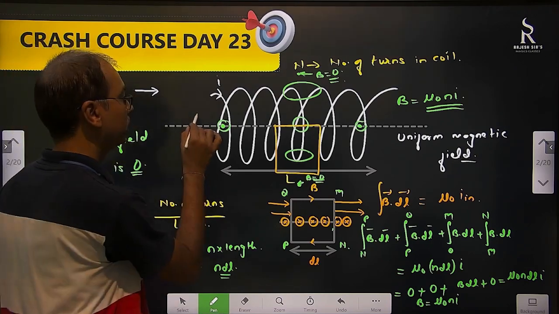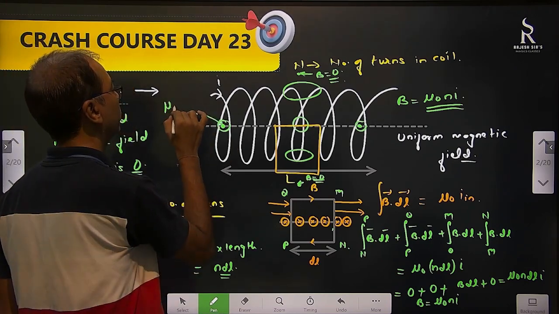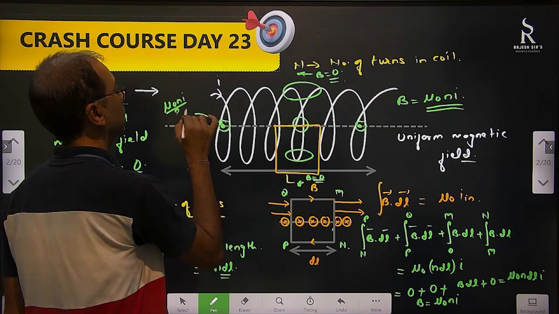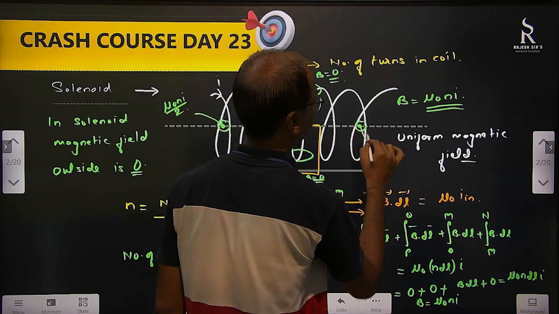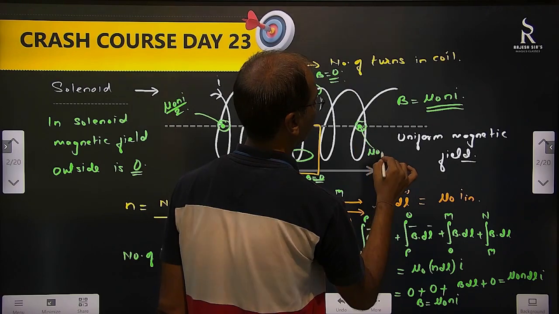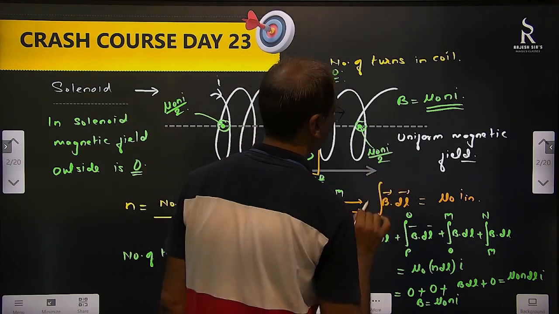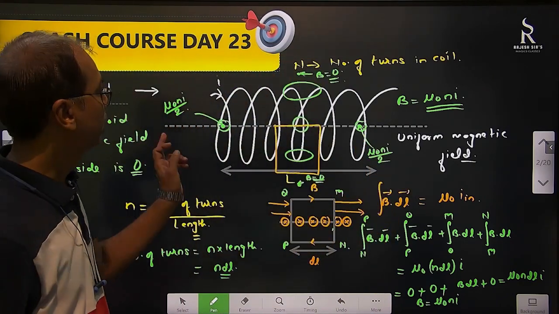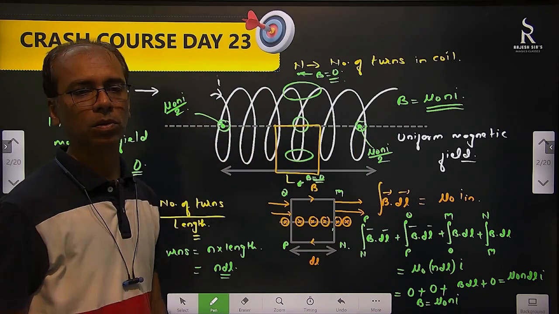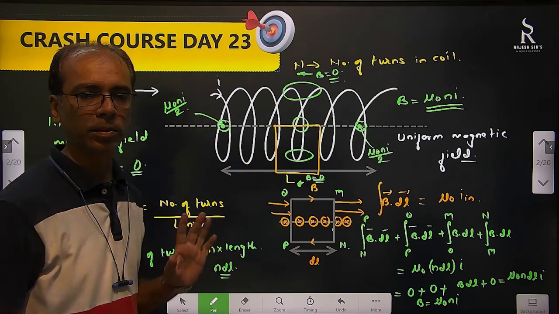It is mu naught nI by 2. Just remember that. Remaining everywhere inside this solenoid it is mu naught nI. Only at the end, the magnetic field suddenly decreases to half. Remember that.